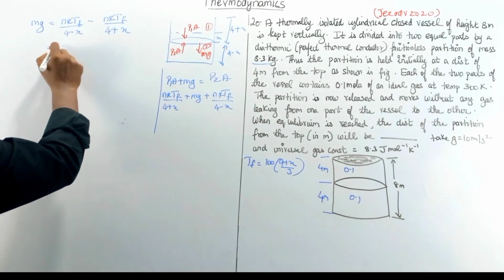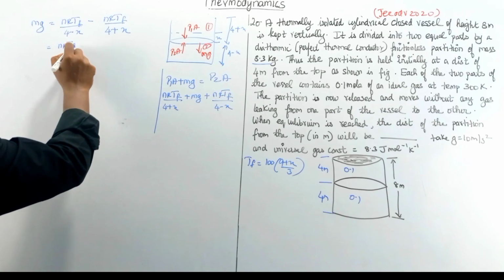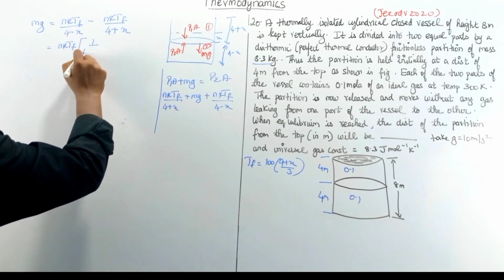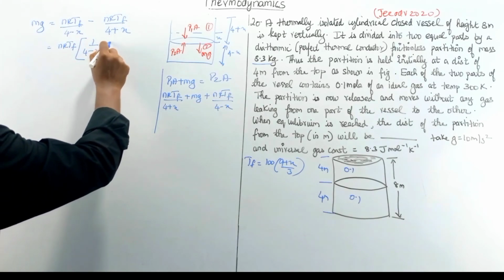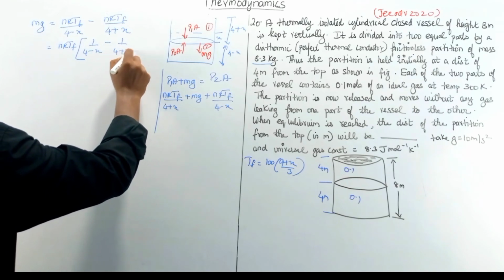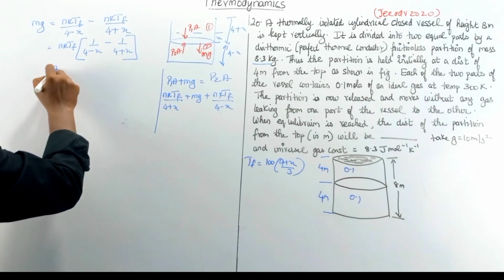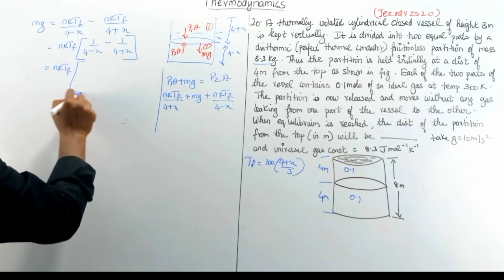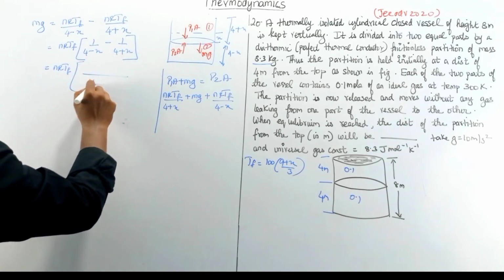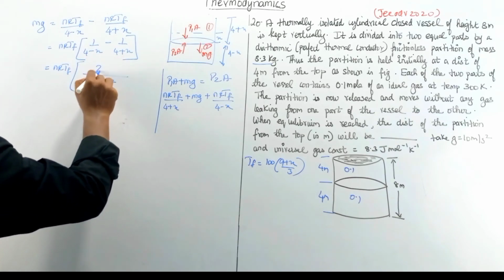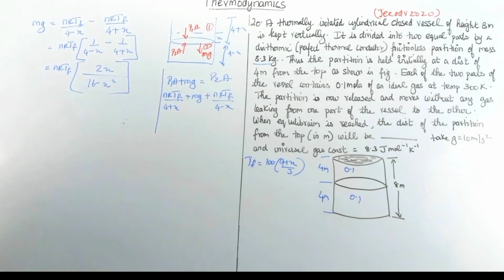So nRTF is taken as common, so this will be 1 by 4 minus x minus 1 by 4 plus x. When you solve this equation, it will be 16 minus x square in the denominator and 2x in the numerator. So mg equals nRTF times 2x by 16 minus x square.